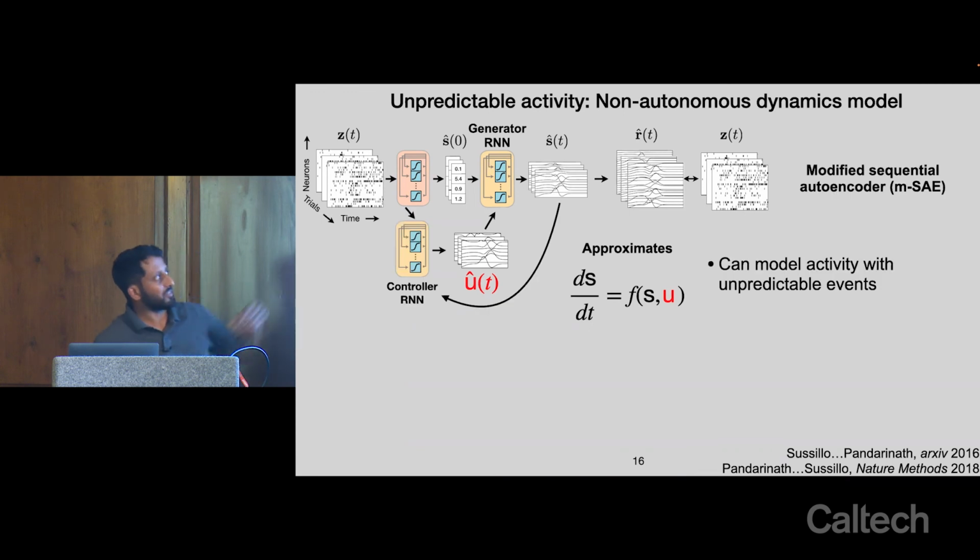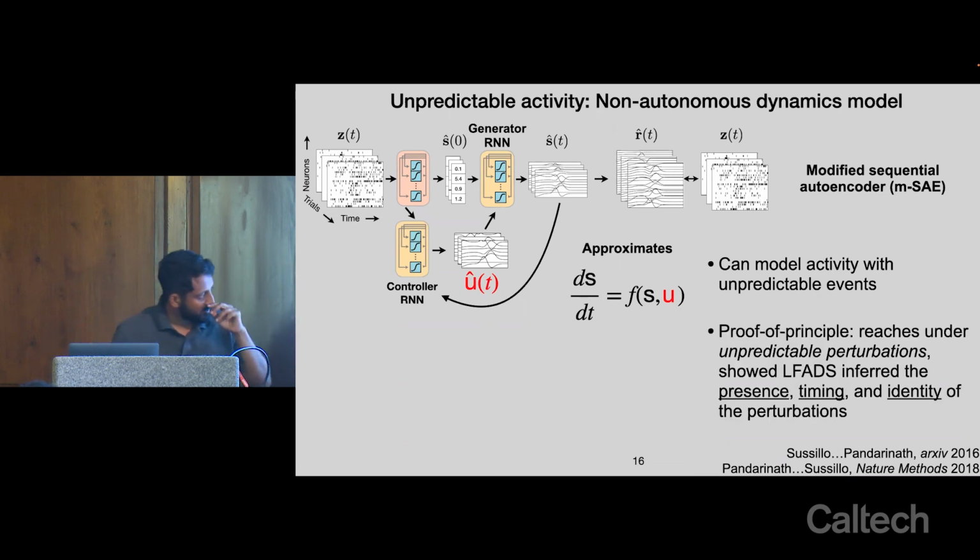So we use some other RNNs to infer when our autonomous system is unable to describe the data. If that's the case, that probably means that some input has come in and perturbed the system. So let's allow this other RNN to predict what the input should be.